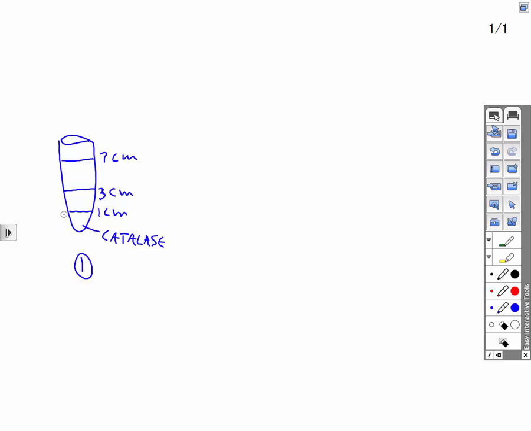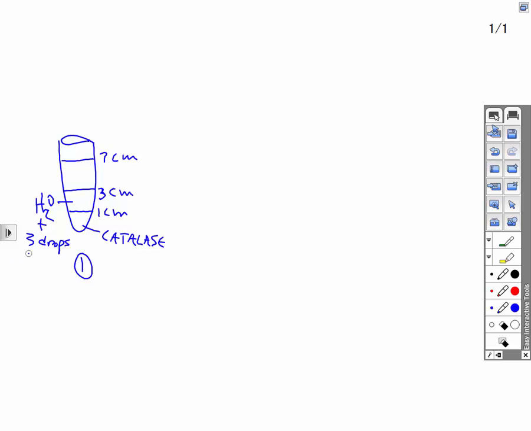So we're going to place just plain water up to the 3 centimeter mark. We won't adjust it to pH 3. We'll just add, let's say, 3 drops of hydrochloric acid, HCl.